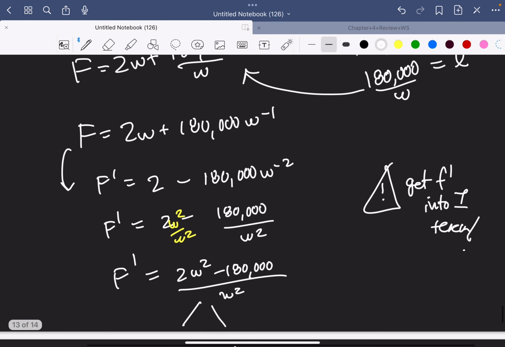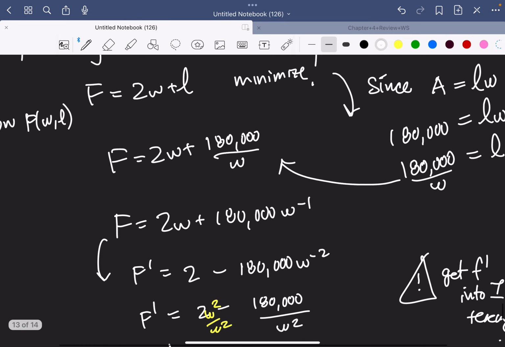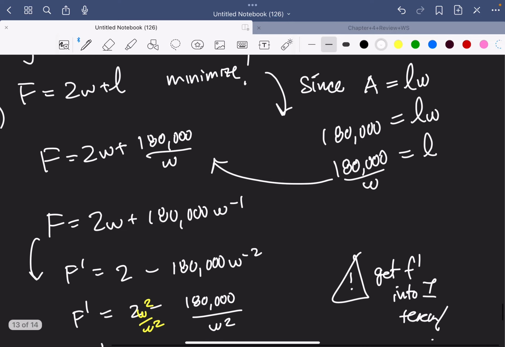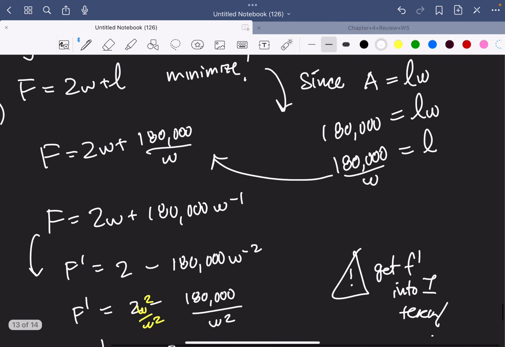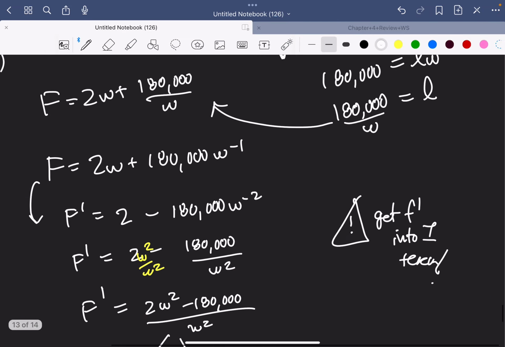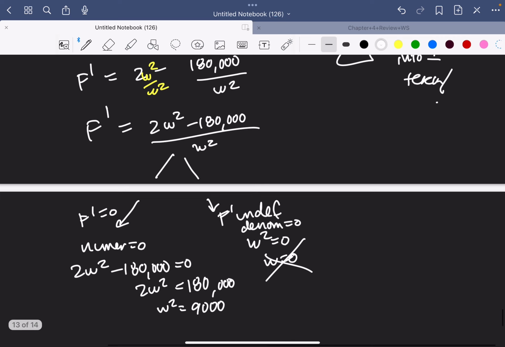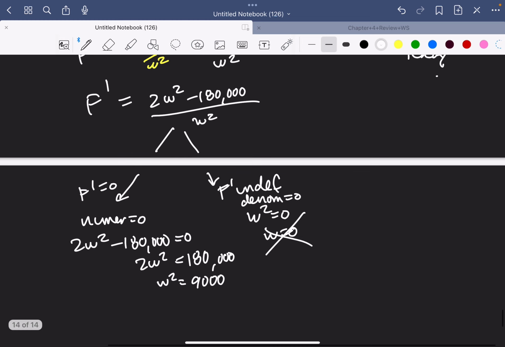So let's go back up here, just double checking something. So we have 2 widths plus a length. If area is equal to length times width, it's this, which is that. Put that in here, which is this. Derivative is 2 minus this. It's that 2W squared.